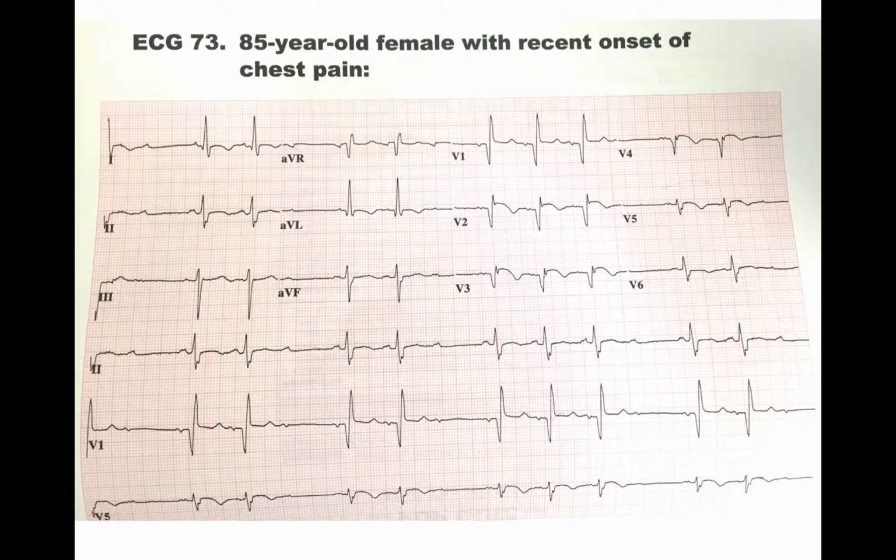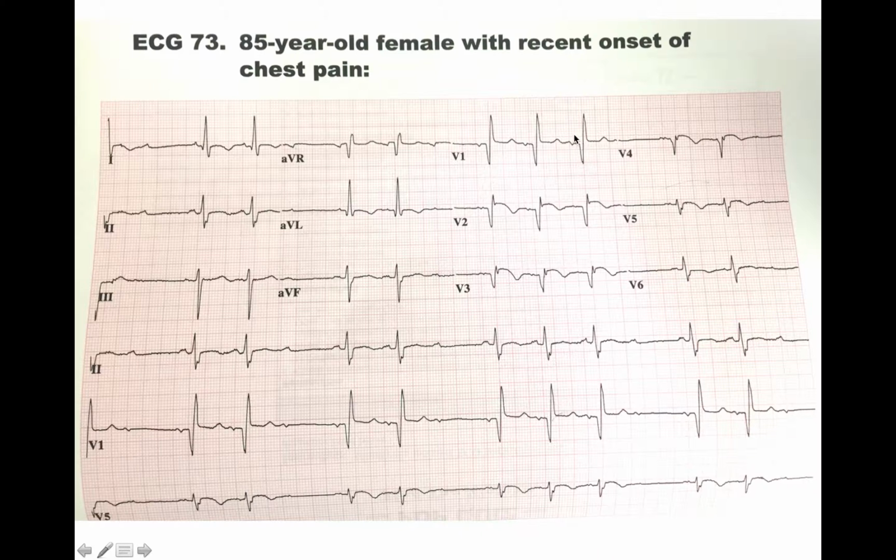In order to figure out the ratio of dropped beats, we can look at how many P waves there are for every QRS. If we look at this first set here, we see 3 P waves, 1, 2, 3, for every 2 ventricular contractions. If we look at this second set here, we see 1, 2, 3 P waves for every 2 ventricular contractions.